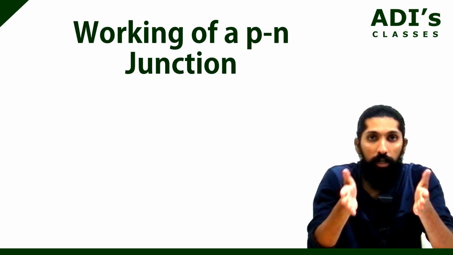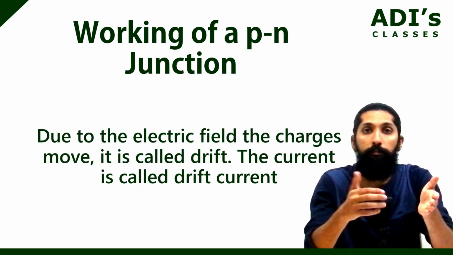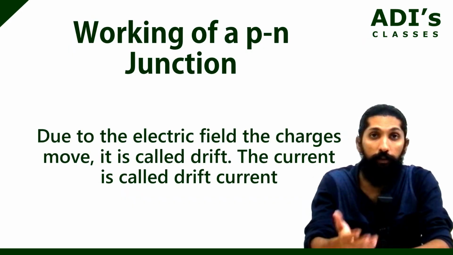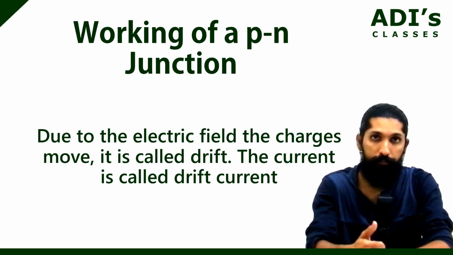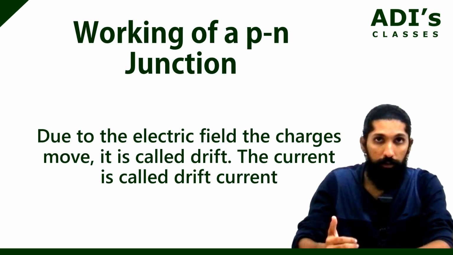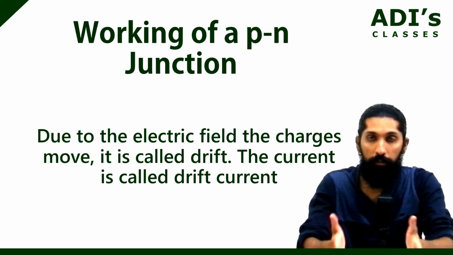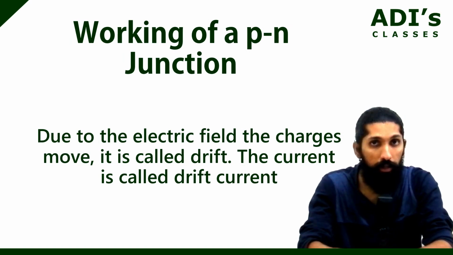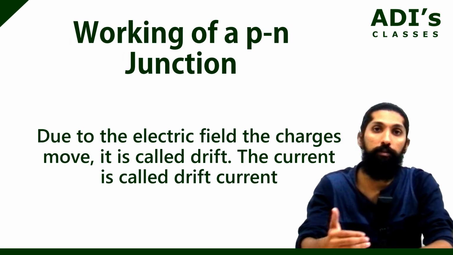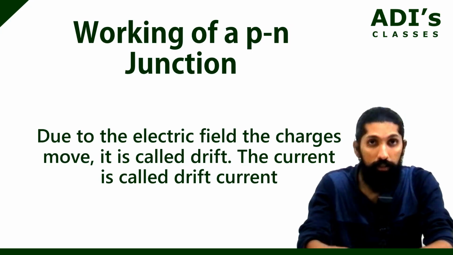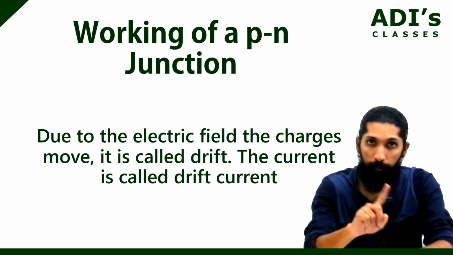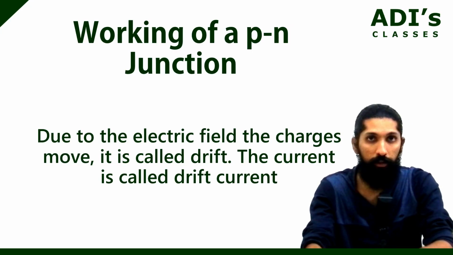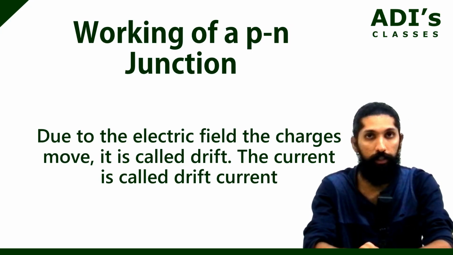The charge carriers start to drift because of the electric field. As they start to drift towards this particular barrier, there is a current because the charges are moving. Because of that, there is a current. This current is what we call drift current. So you have diffusion current and we have drift current. These are the two types of currents.